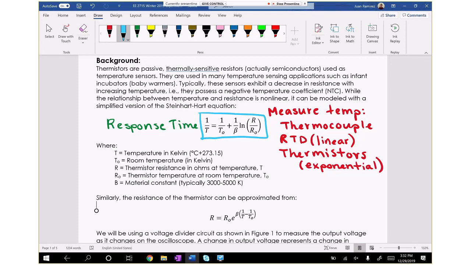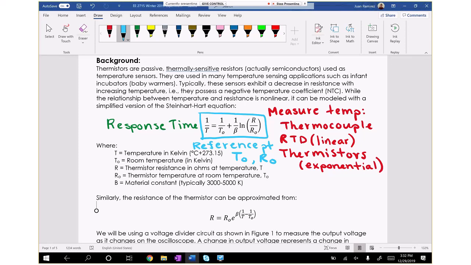You do, however, need what's called a reference point. So that is, at room temperature, you find what is room temperature, we call it T0, and what the resistance of the thermistor is at room temperature, and that's R0.